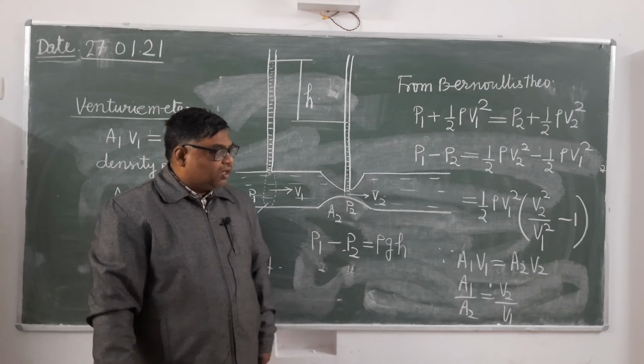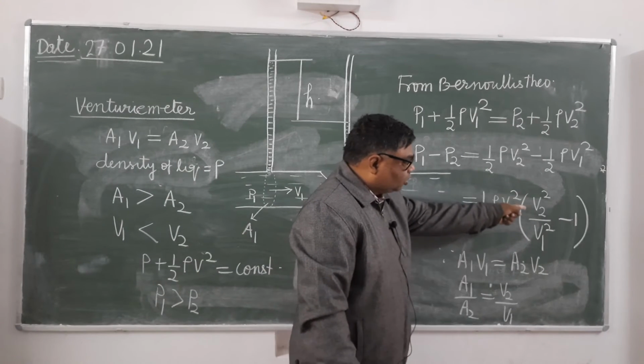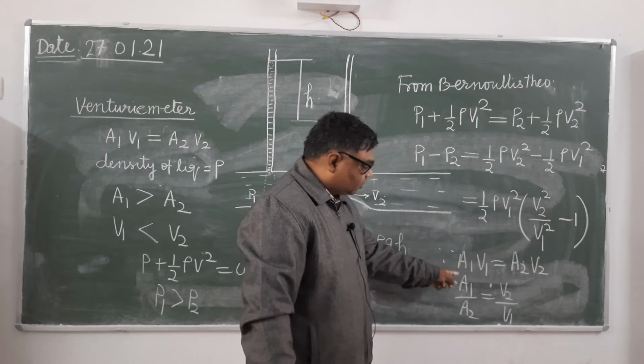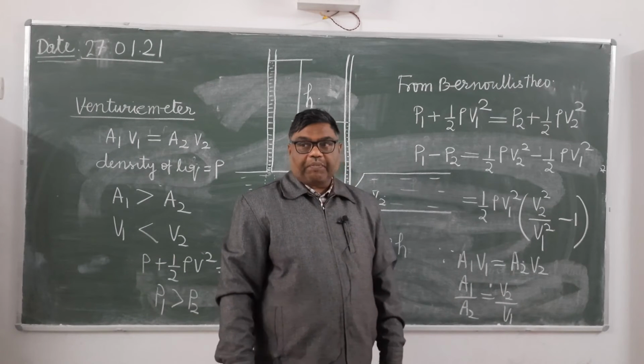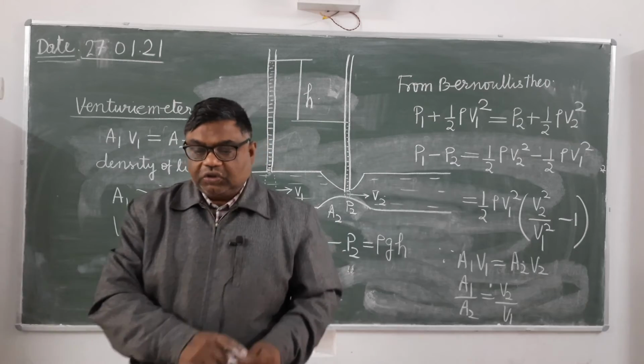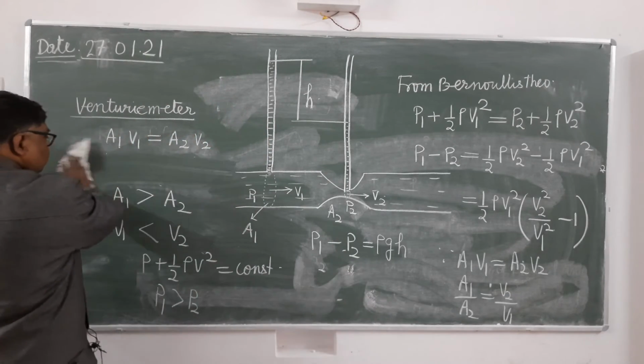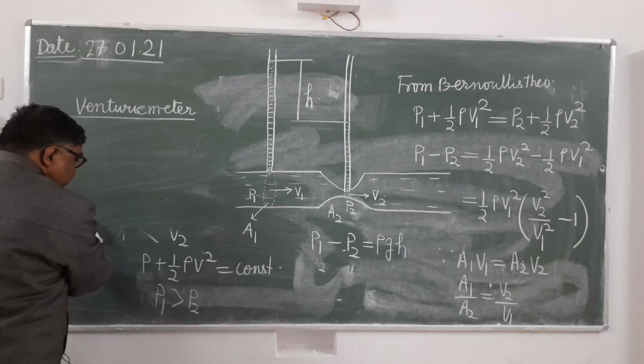A1 square upon A2 square. So in place of V2 square upon V1 square, you substitute A1 square upon A2 square. Is this clear? So that I am going to substitute here.